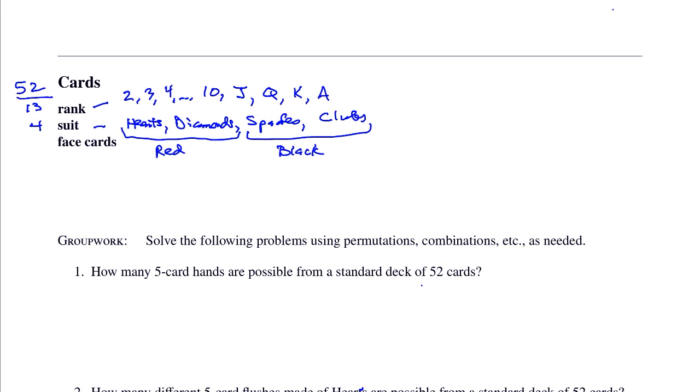We also have face cards. Face cards are which of the ranks? Jack, King, Ace. Almost. The ace is not a face card. Just the 3 royal cards. Jack, Queen, King. Those are the face cards.